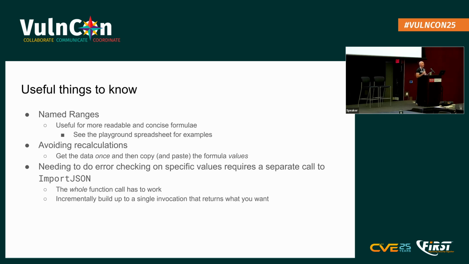If you want to trigger a recalculation, what I find is usually the easiest way is to delete the values and then just Control-Z to undo the deletion, and that triggers a recalculation. This feeds into when you want it to do a recalculation because you've hit, say, the NVD's rate limit.